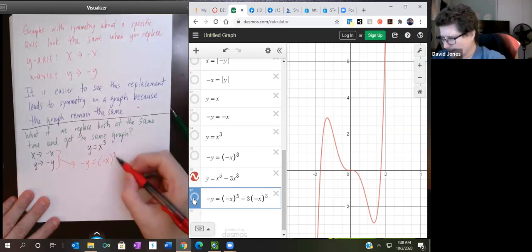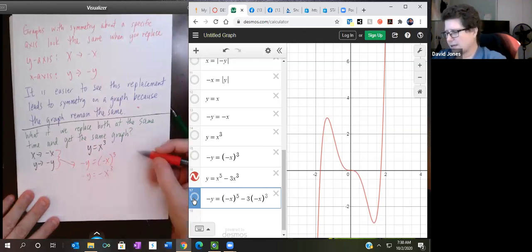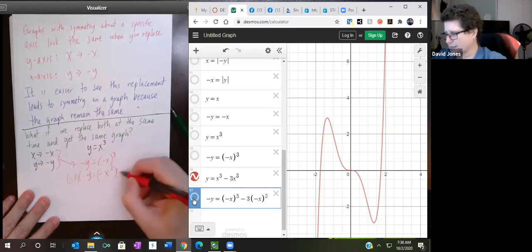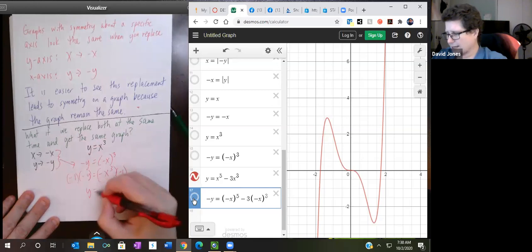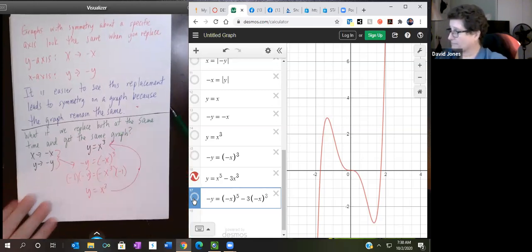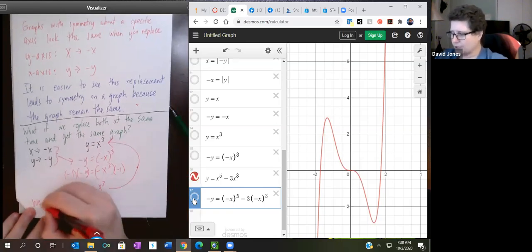And if I cube negative x, that's the same thing as negative x cubed. And if I multiply both sides by negative 1, I get y equals x cubed, and I'm back to the beginning. When this happens, we call this symmetry about the origin.